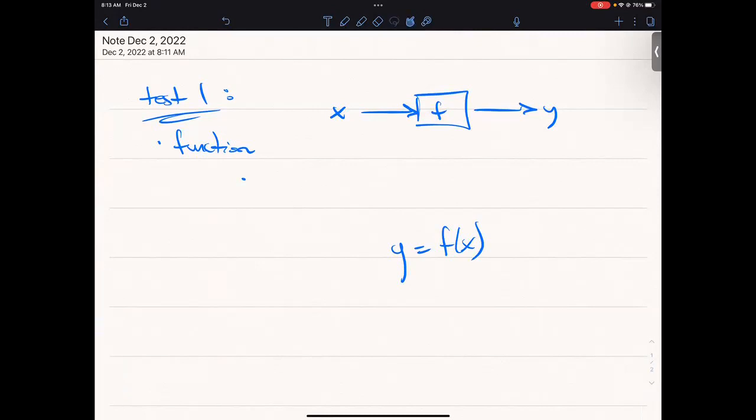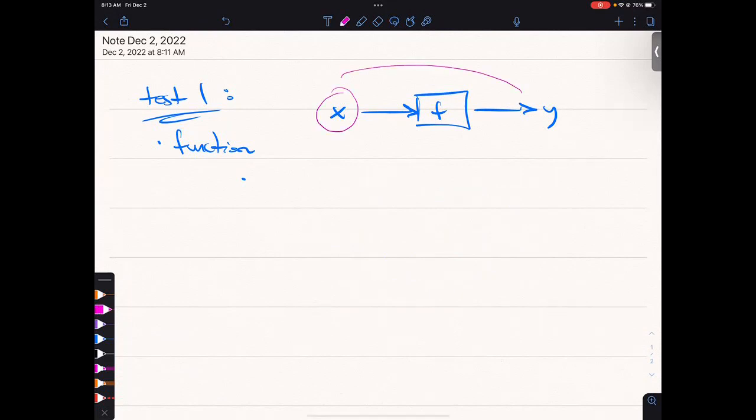And in order to be a function, that needs to happen in such a way that each x pairs with just one y. That's what it means to be a function. When you use a vertical line test to check a graph, what you're checking is that each x value only pairs with one y value.